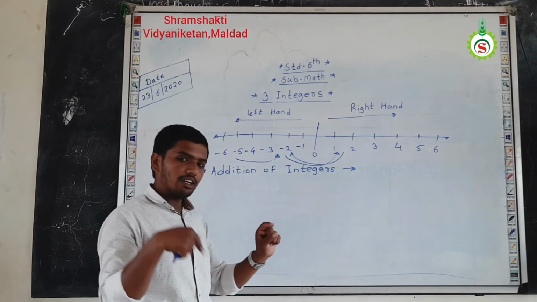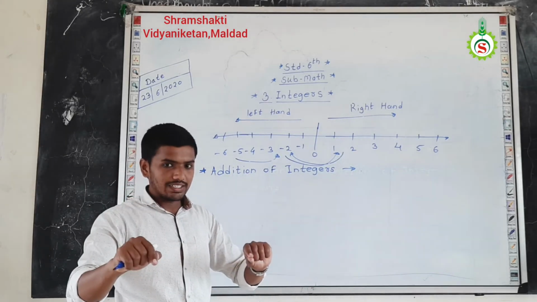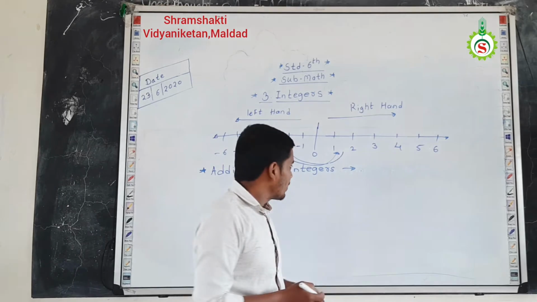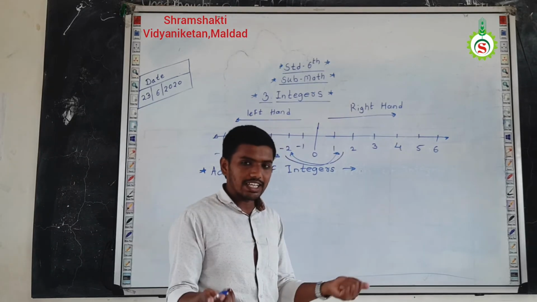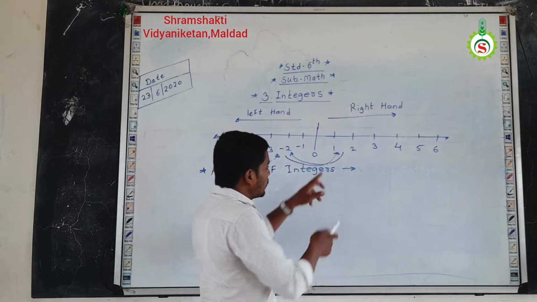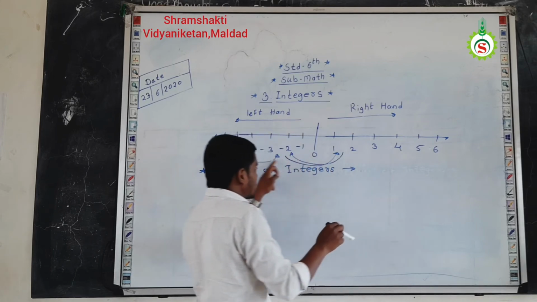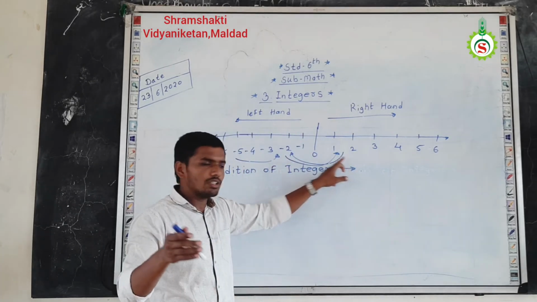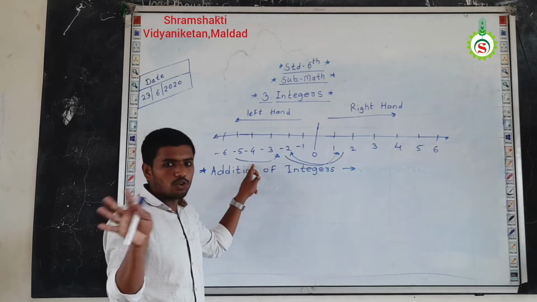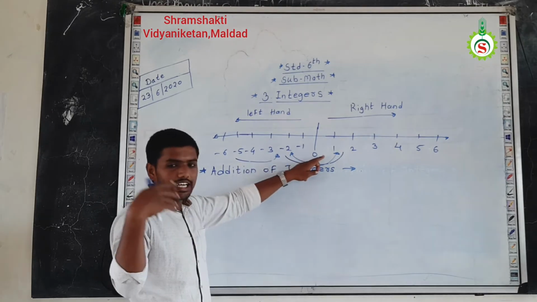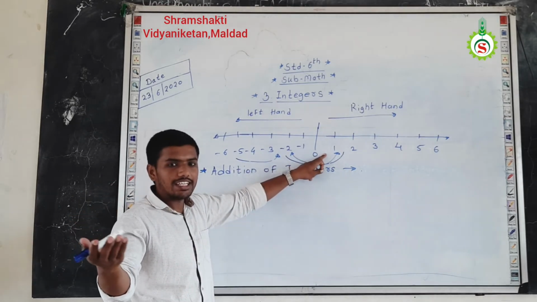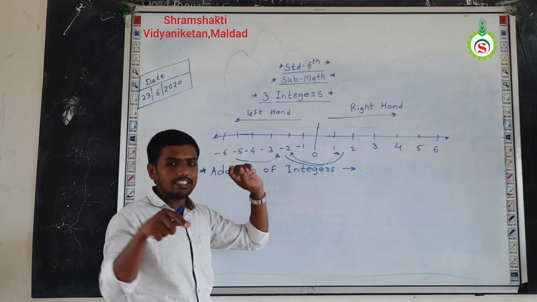And loss means there is always subtraction. You got the idea? Where is the subtraction and where is the addition? If you want to move within your region, whether positive or negative, there is no loss. That means there is always gain. Gain means addition. So within the region there is addition.